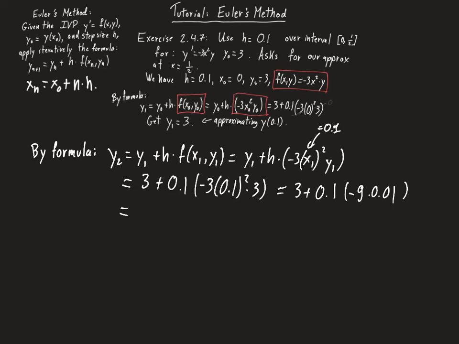So this is going to be equal to 3 minus 0.009. And if I did this correctly, this should give us 2.991. And this is our y2. Remember that now x2 is equal to 0.2 because we've iterated this twice.